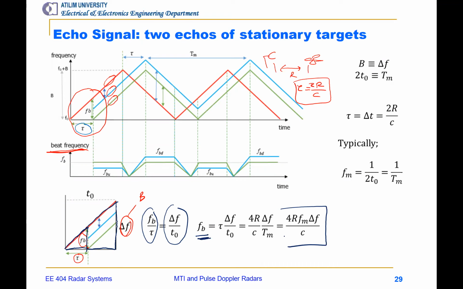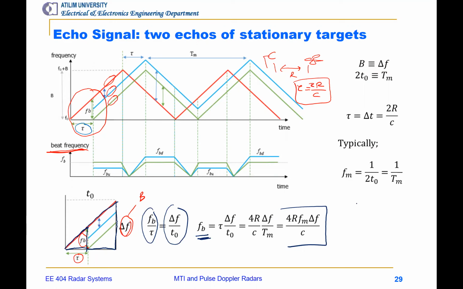These are FM and delta F: the bandwidth and the inverse of the pulse period. So once I know these two parameters and the range, I can determine the beat frequency. Or if I know the beat frequency, I can determine the range by using these two parameters.